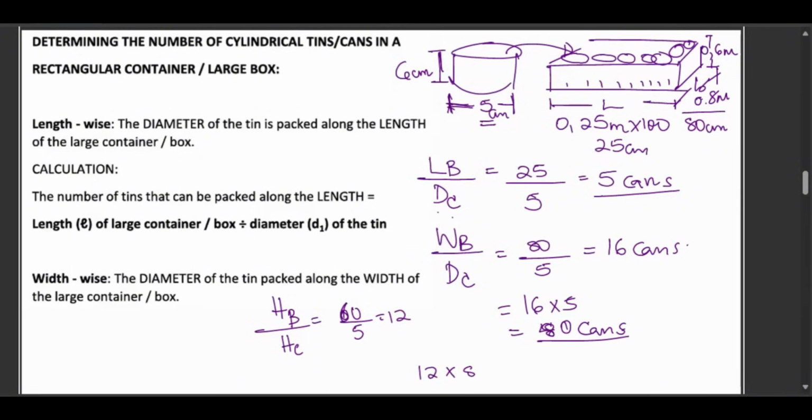Each layer has 80 cans. How much do you get? So it can carry 960 cans. That is our answer there when it comes to cans.